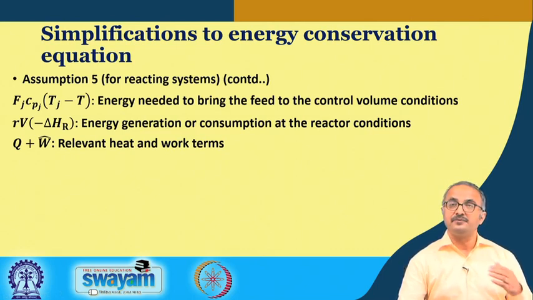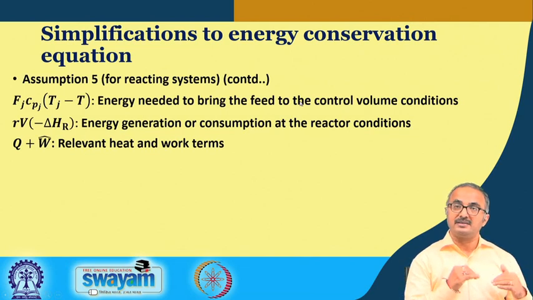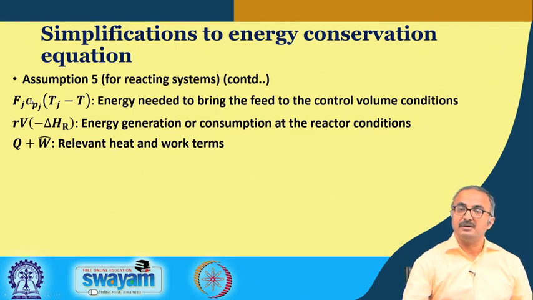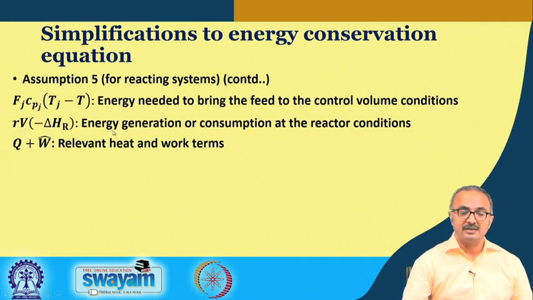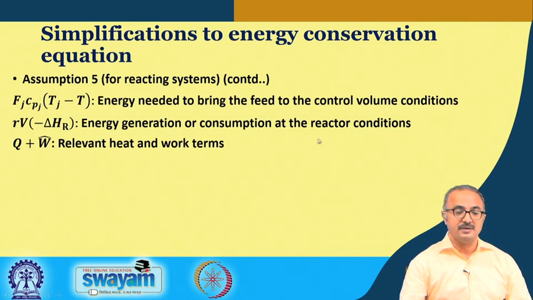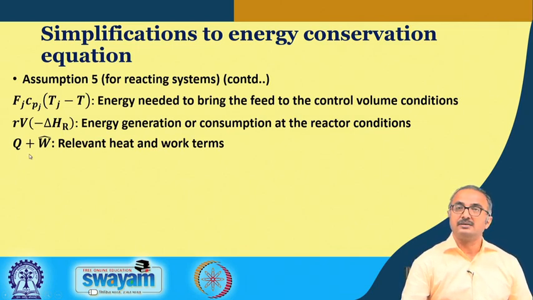That means, if the feed is at a lower temperature, then we need this kind of sensible heat to raise its temperature, or if the feed is at a higher temperature than the control volume, then we need sensible heat to cool down the feed. So, this term represents that sensible heat, this term represents the energy generation or consumption at the reactor conditions, and this particular term represents the relevant heat and work terms.